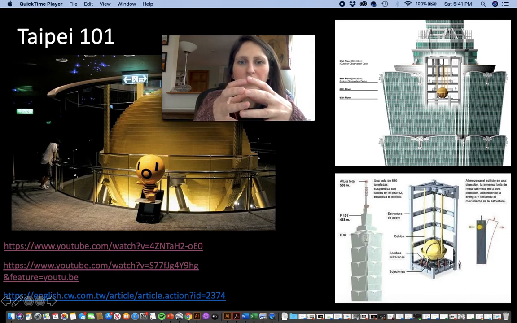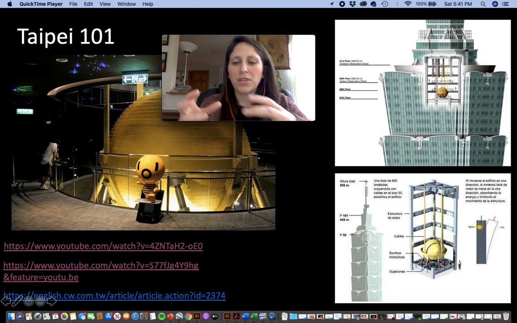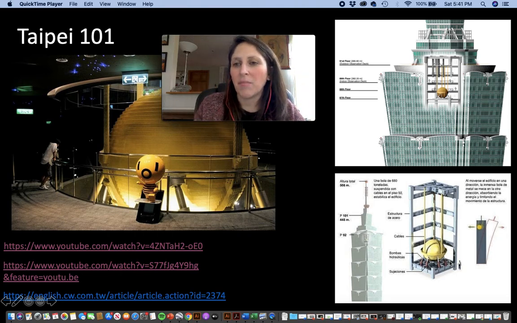This ball is a huge ball that dampens. It's called the damper, and it's in the top of Taipei 101. As the earthquake is felt in the building, this ball moves and shifts to balance the swaying that the building will experience when an earthquake comes through.